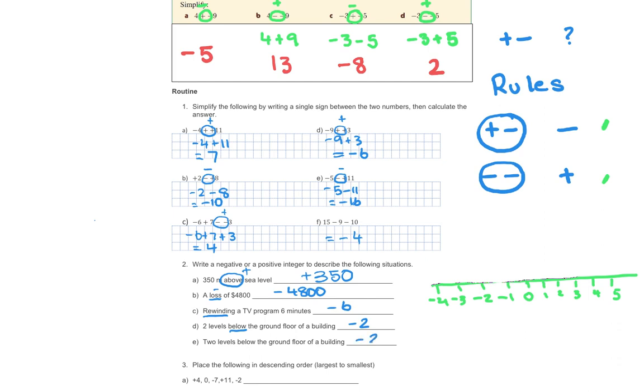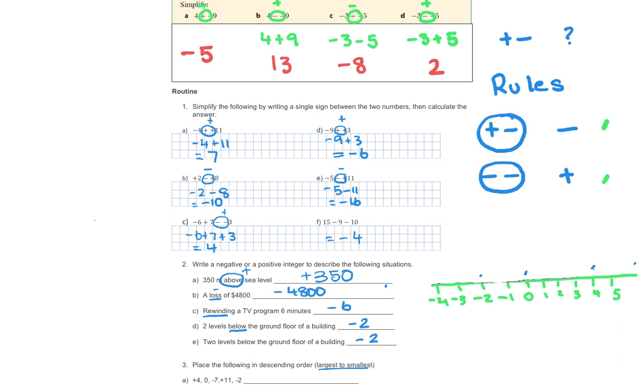And finally, the last question on this page is to put some in descending order, so from the largest to the smallest. So I'm going to use the number line to help me. So I've got 4, 0, -7, 11, -2.